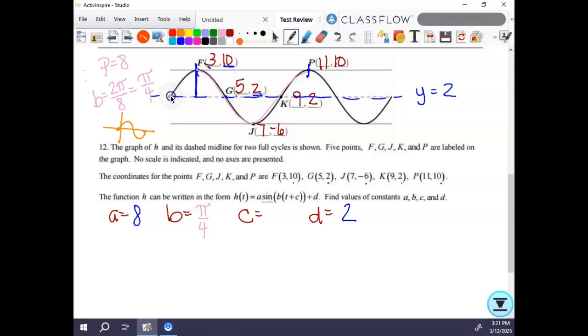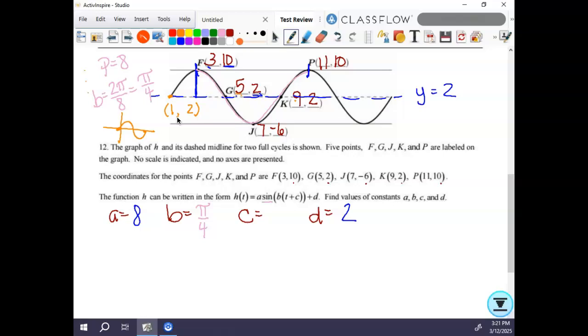So I really do need this point. I know the y value there would be 2. And the x value, well, between these two are 4 spaces. So between these two would be 4 spaces. And there's 1, 2 as your ordered pair.